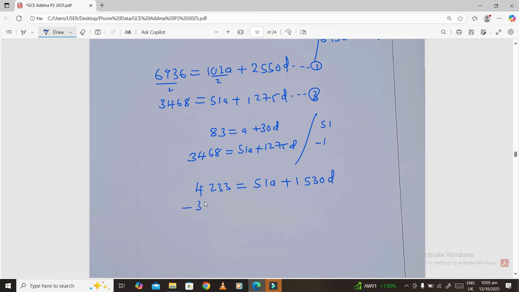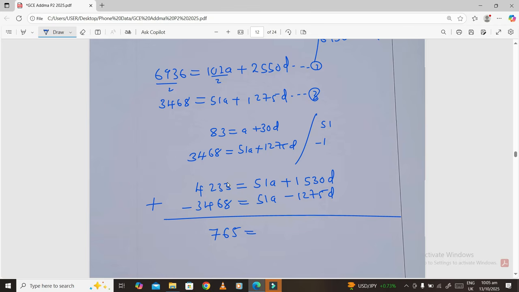Here it's a negative 3,468 is equal to 51A minus 1,275D. We add, so when we add 4,233 minus 3,468, this is giving us 765.